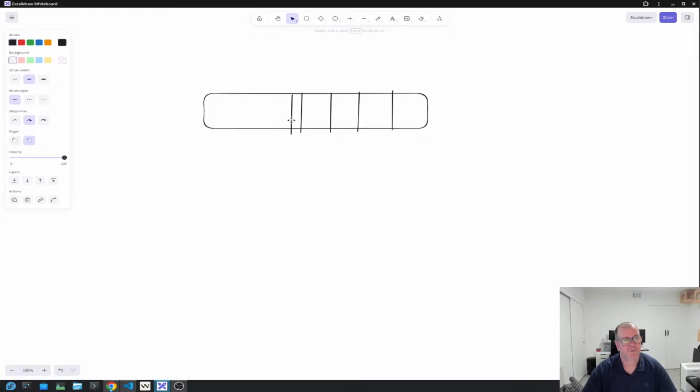We need 8. 1, 2, 3, 4, 5, 6, 7. So I can put one more here and then make the space more evenly. I think that is okay here.